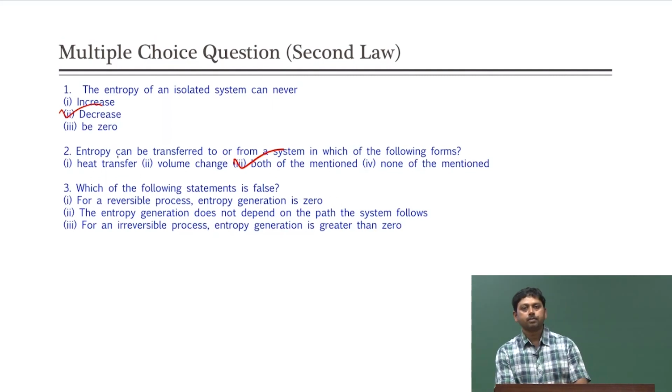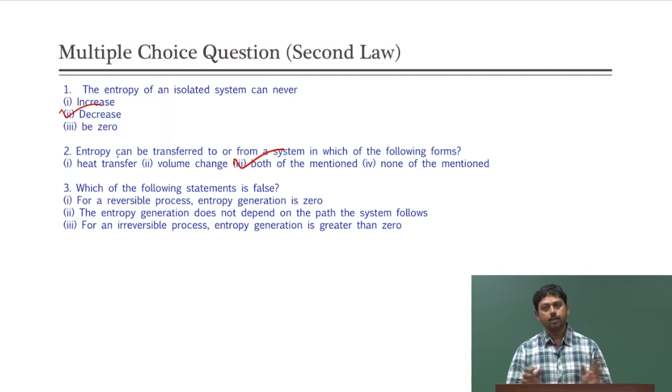For example, we talk about Carnot cycle done in a reversible manner, and in the first step the entropy increases. So, it does not mean that the entropy generation will be 0, but however, we are talking here about the entropy of the universe.